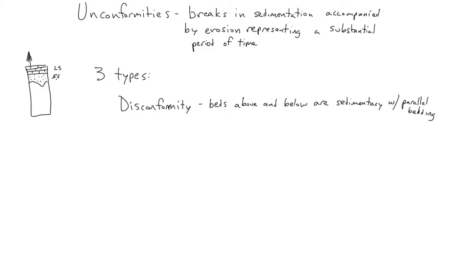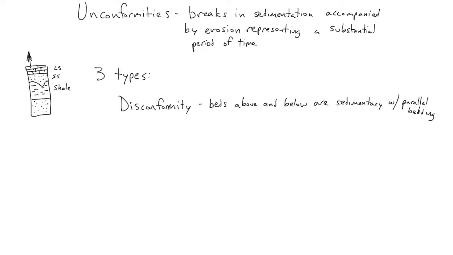I used the same symbol to indicate dirt in the earlier drawing, but typically the little dots indicate sandstone. Here we have some shale. And then maybe we have some sandstone again, okay?